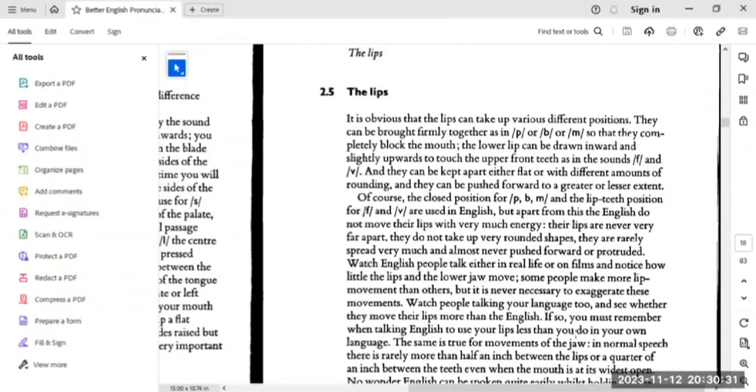Some sounds are called what? Bilabial. Bilabial sounds that we can make by lips, right? Like what? B and m, f and b, and v and f. Ma as well.